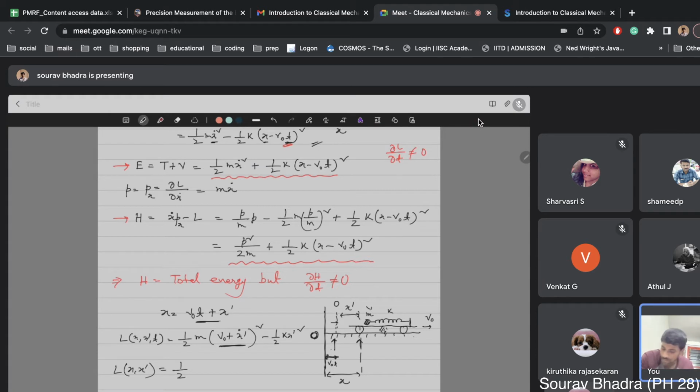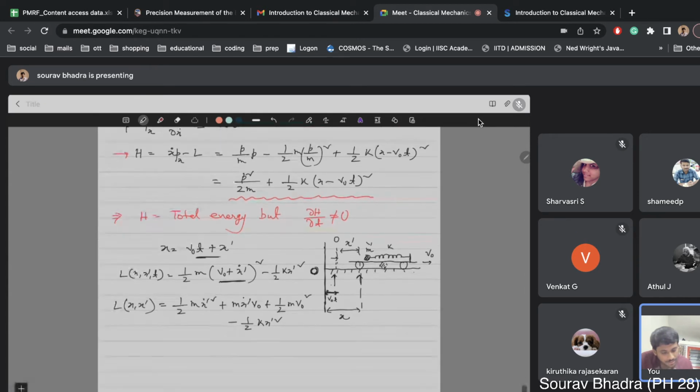So the Lagrangian is only a function of x dash and x dash dot. If you write it out fully, let me write it: half m x dash dot square plus m x dash dot v0 plus half m v0 square, pardon me for my square sign, and minus half k x dash square.